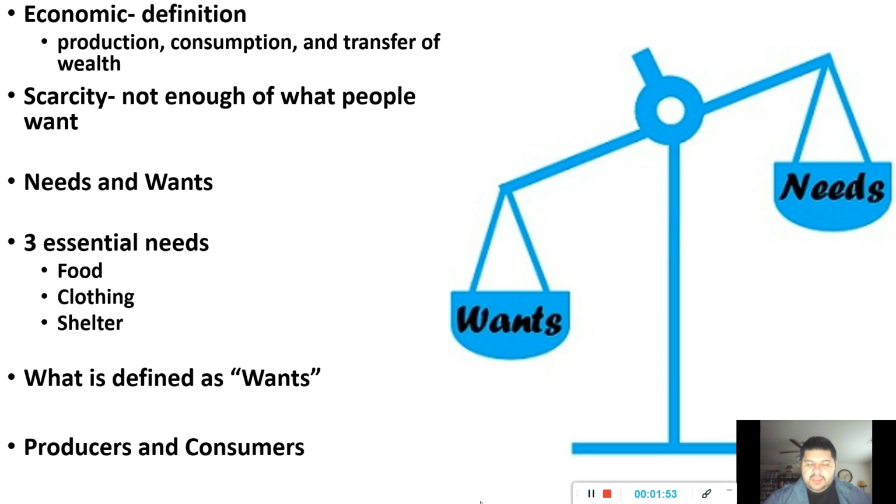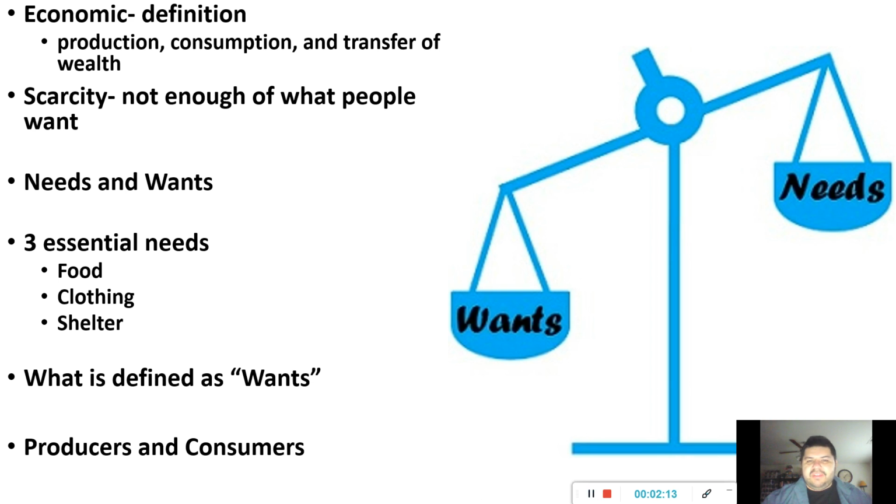The very definition of economics is the production, consumption, and transfer of wealth. That's the heart of it. You should know it, but just in case you don't, scarcity means not enough. When there's not enough stuff for everyone, that means it's scarce.